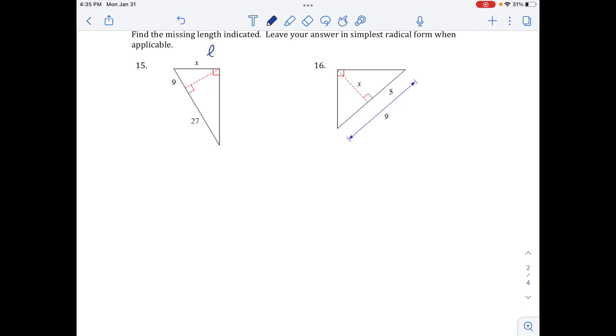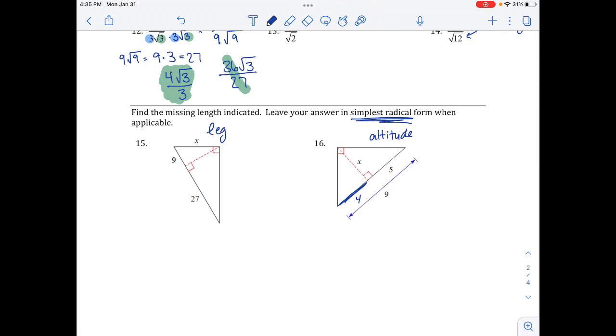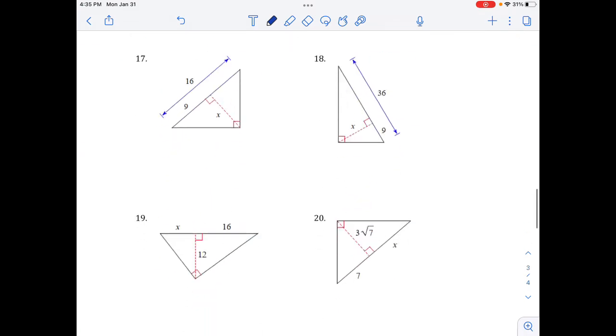You've got a leg here. You can solve for x, that'll be your repeated piece. You've got the altitude here. You can solve for x, that'll be your repeated piece. Now notice you're going to have to find this to finish your problem. And then make sure also to write your answer in simplified radical.